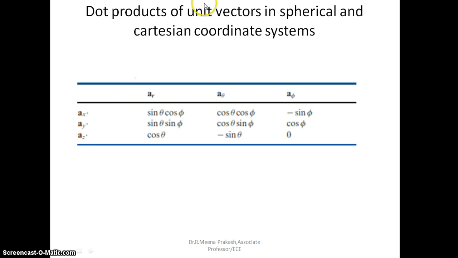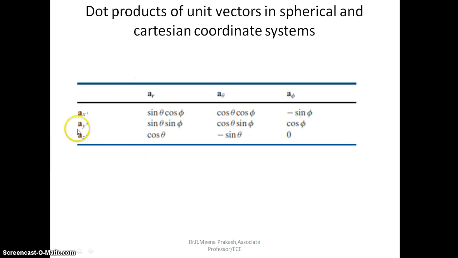Similarly, the dot products of unit vectors in spherical and Cartesian coordinate systems. Remember, AR, A theta, A phi are the unit vectors of the spherical coordinate system, and AX, AY, AZ of the rectangular coordinate system. When you take the dot product, AX dot AR equal to sin theta cos phi, AX dot A theta equal to cos theta cos phi, AX dot A phi equal to minus sin phi, AY dot AR equal to sin theta sin phi, AY dot A theta equal to cos theta sin phi, and AY dot A phi equal to cos phi.